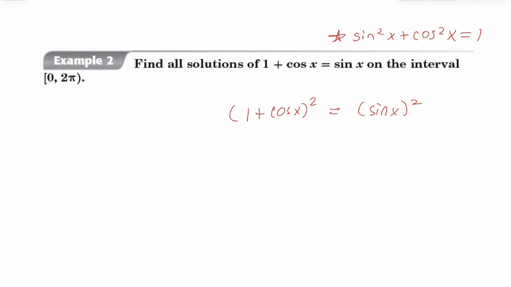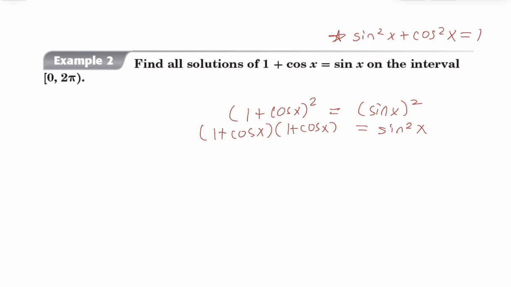So what we can do is square both sides and it doesn't hurt that equation. Be careful when we square this side, that's 1 plus cosine times 1 plus cosine. And here that's just sine squared.